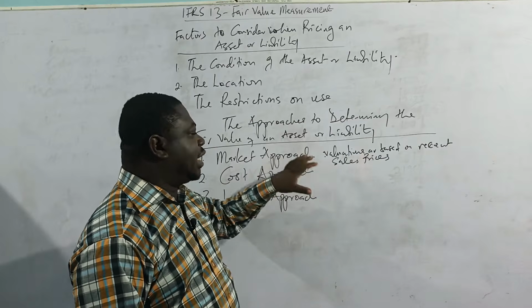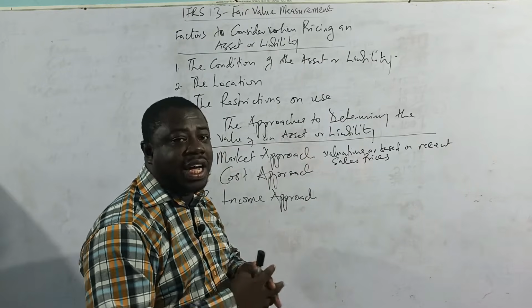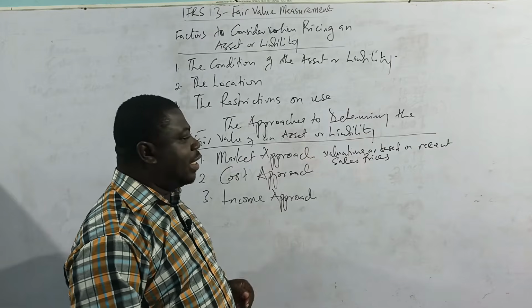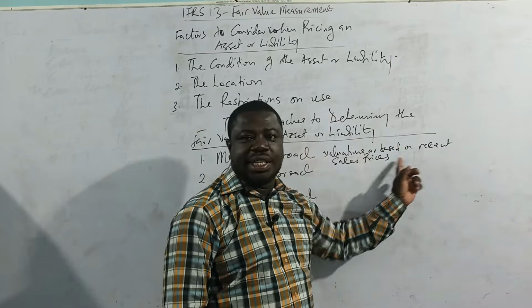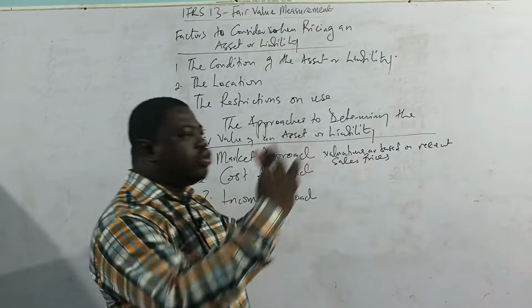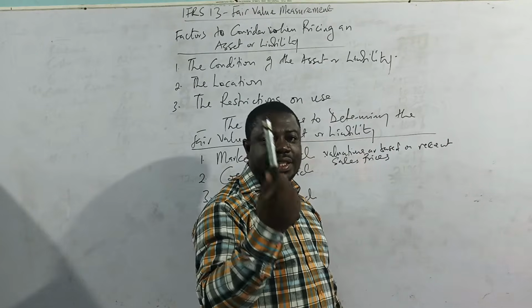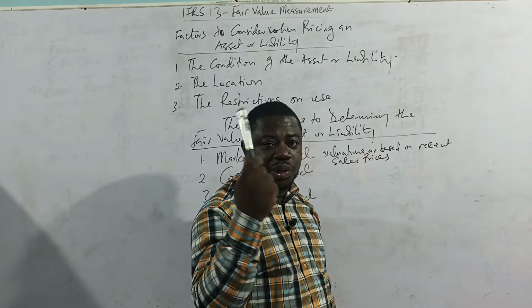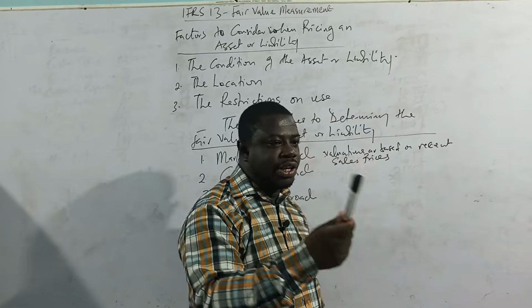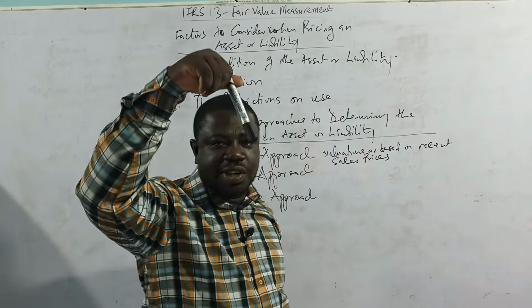When you're using the market approach to determine the fair value of your asset or liability, you are going to consider its recent sales prices. So you go to the market, because if this is the asset that you want to put a fair value on, you go to the market and determine recent sales of this same asset.